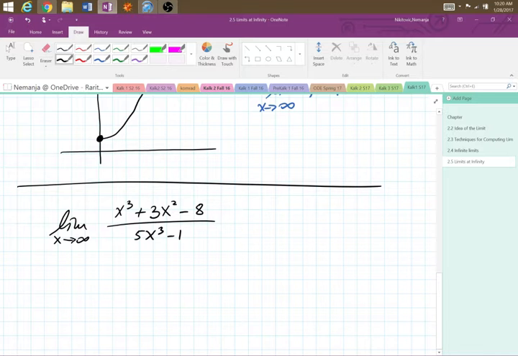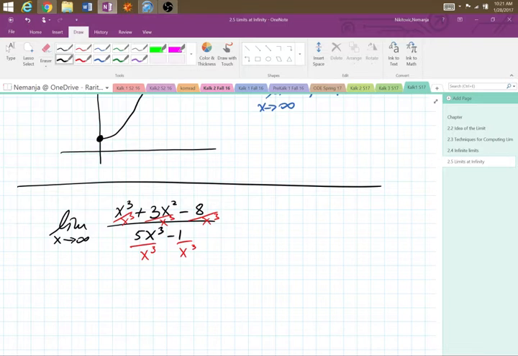So now all you need to do is solve this, and the way you solve it is you divide each term, there are 5 terms there altogether, by x raised to the highest exponent around. What's the highest exponent around? x to the 3. So you divide by x cubed everywhere. So you have to remember that.